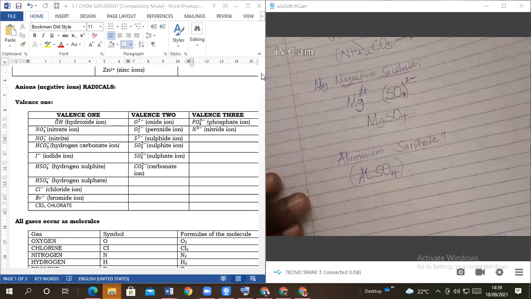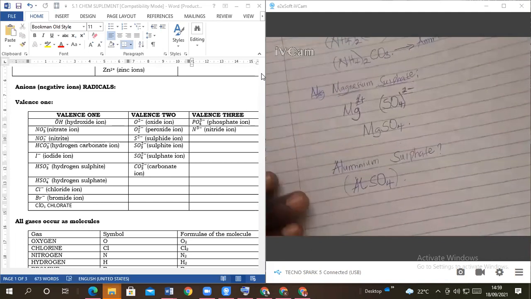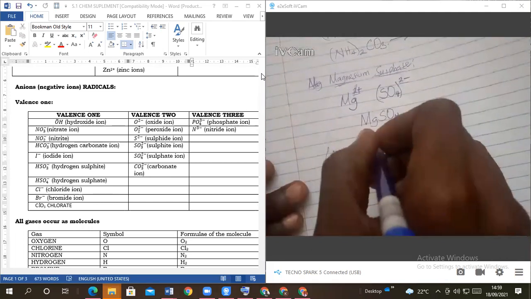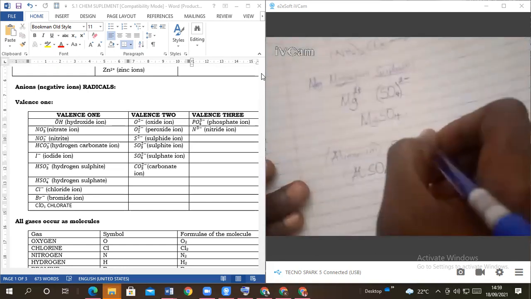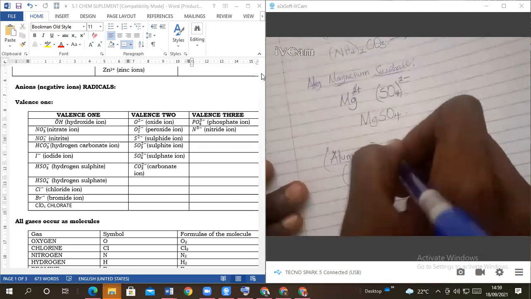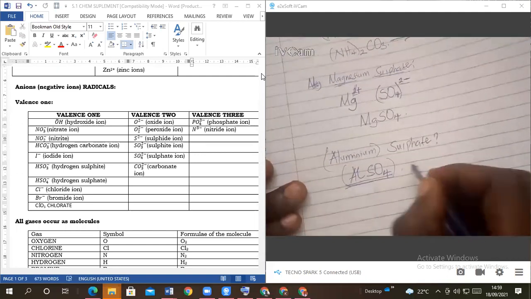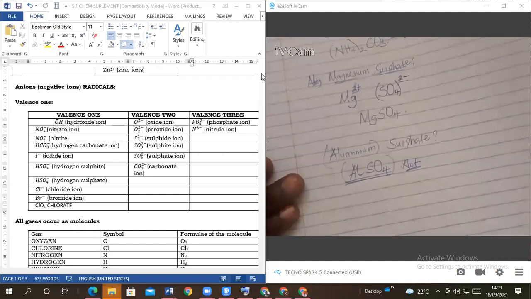Go to the table, check where aluminium falls, which valence, write the valence of aluminium on top. Go to the sulfate, look for where the valence is, and write for me the correct compound of aluminium sulfate. This one is not aluminium sulfate, it is something else.